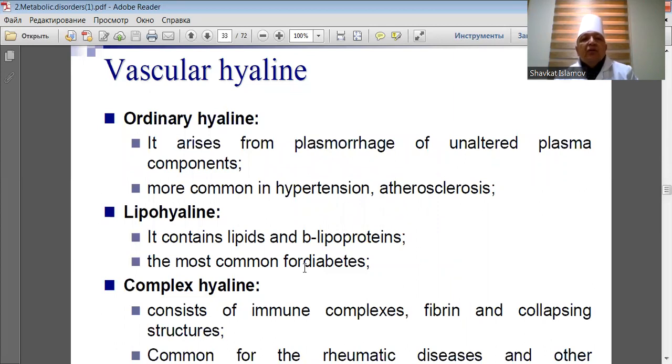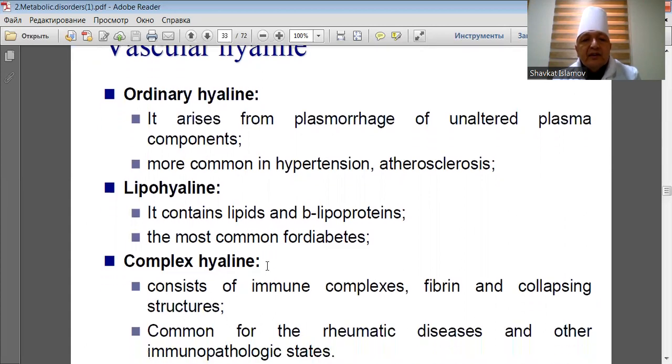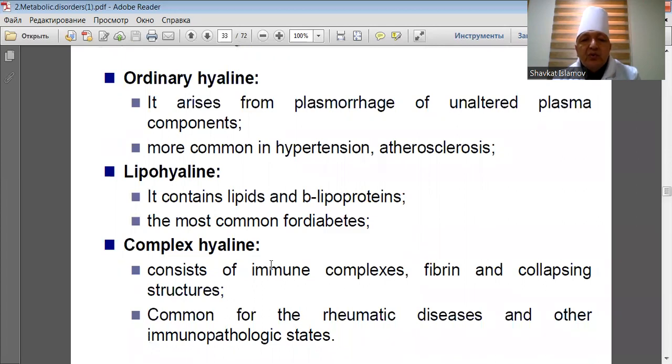Lipohyaline contains lipids and beta lipoproteins, most common in diabetes. Complex hyaline consists of immune complexes, fibrin, and collapsing structures, common for rheumatic disease and other immunopathological states.